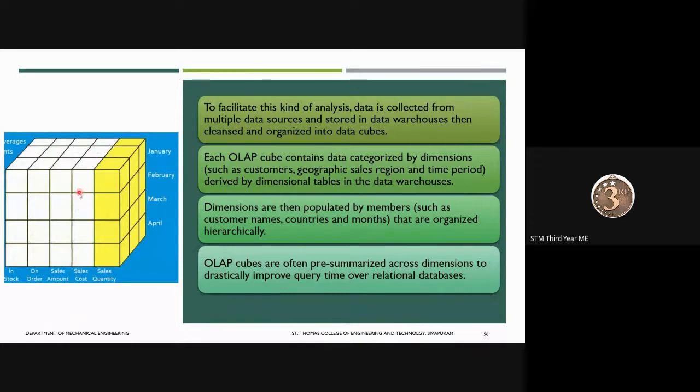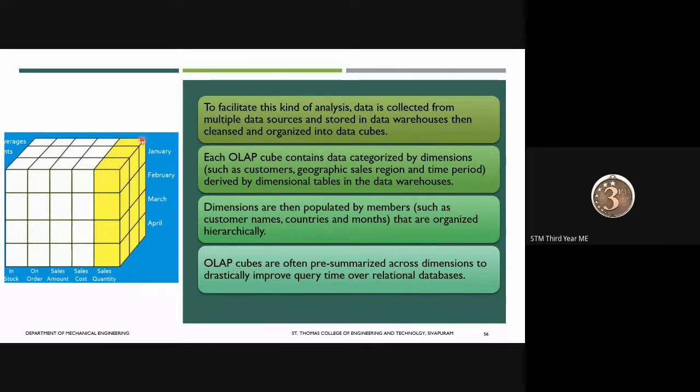The cost incurred for all the sales that are done is categorized under this column. And the last one is the sales quantity, the quantity of the sales that has been done. So under each month and each of these, we obtain this data. For data on the basis of January and sales quantity, we will be taking this portion.